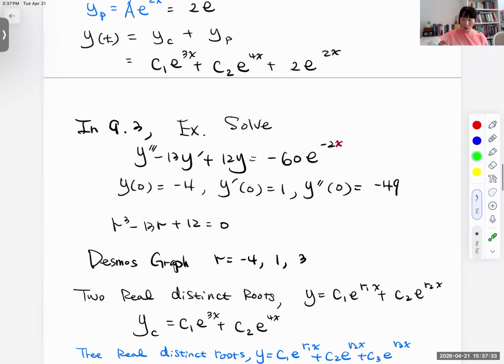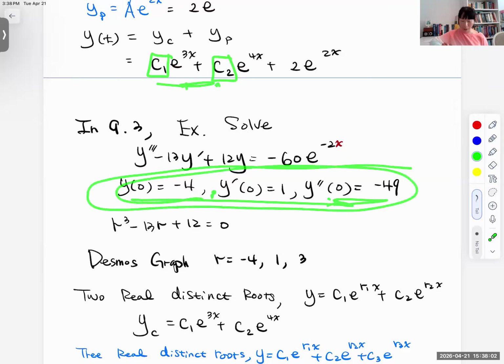So we have y to the third prime minus 13 y first prime, derivative of y, plus 12y equal to negative 60 e to the negative 2x. Now we have an initial value problem, so we're going to find the constants C as well, right?